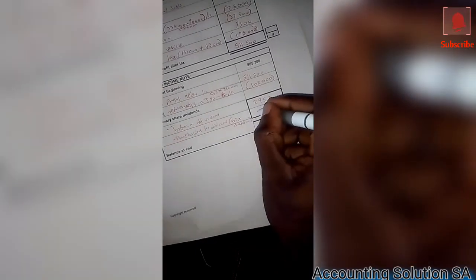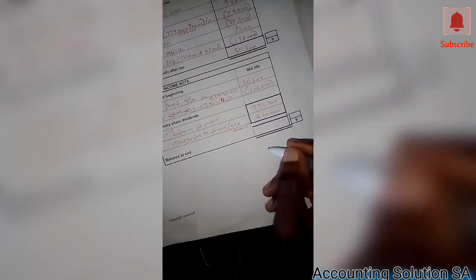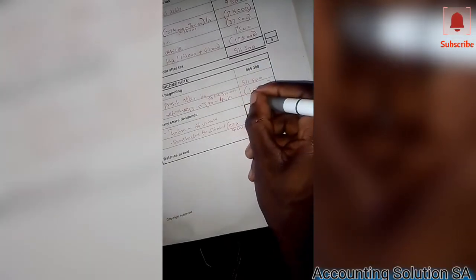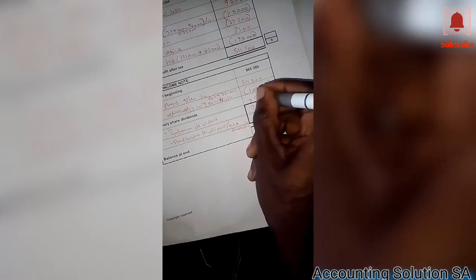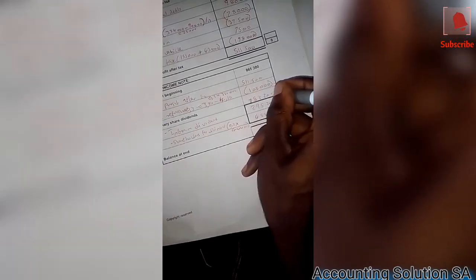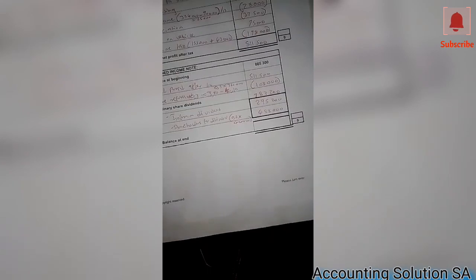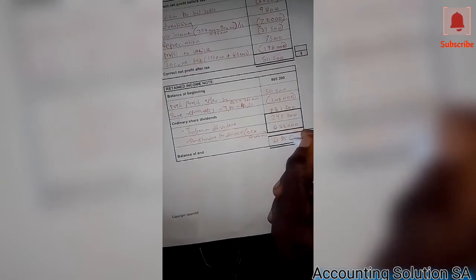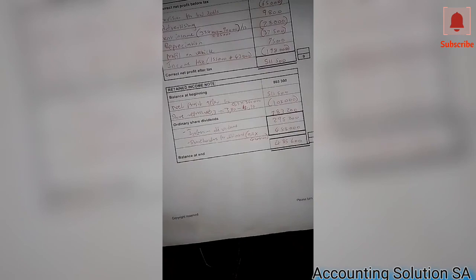Then if you calculate this, it's going to give you 488,000. Then after that, you have to add them together. Then you get the total of 783,200. Then if you calculate all in all balances, it's going to give you 485,600. Simple as that.